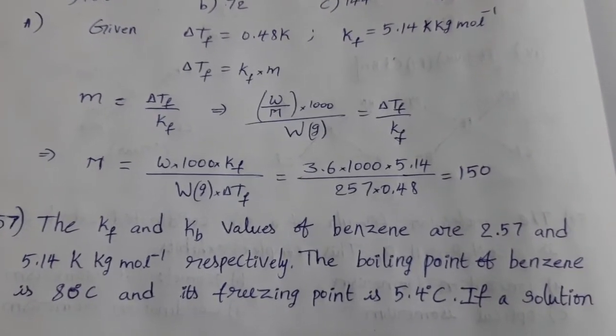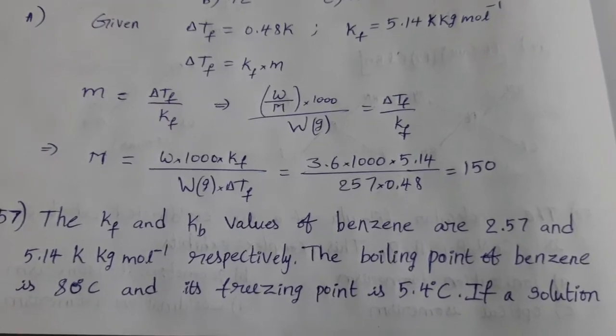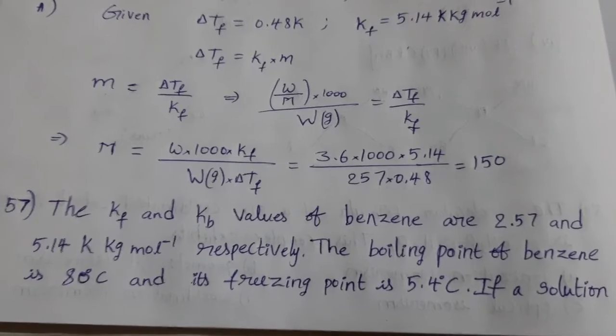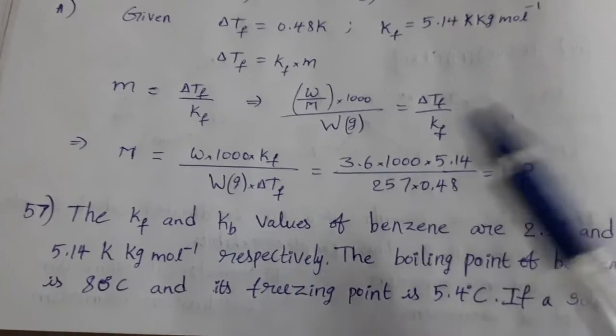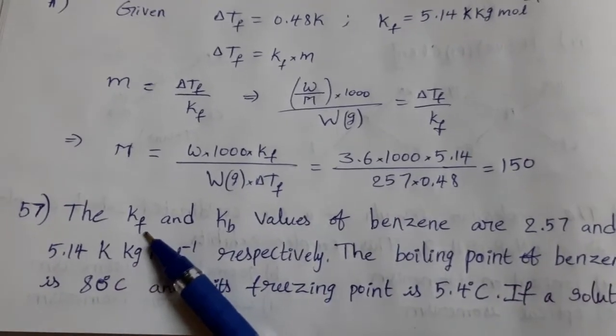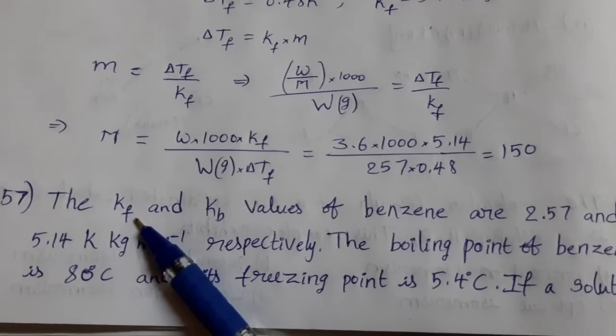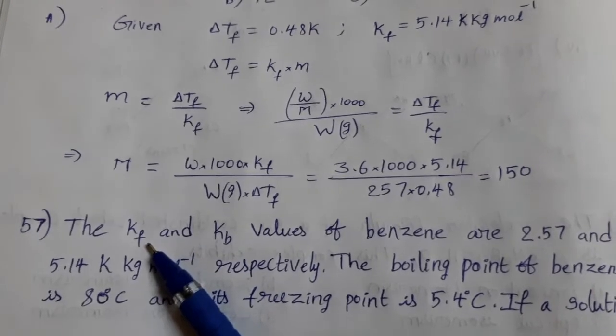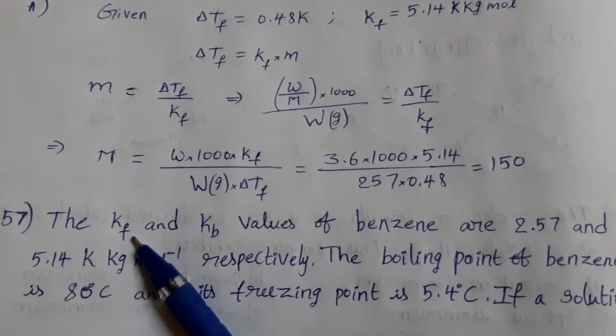The Kf and Kb values of benzene are 2.57 and 5.14 Kelvin kilogram mole inverse respectively. Here Kf means molar depression constant of benzene.